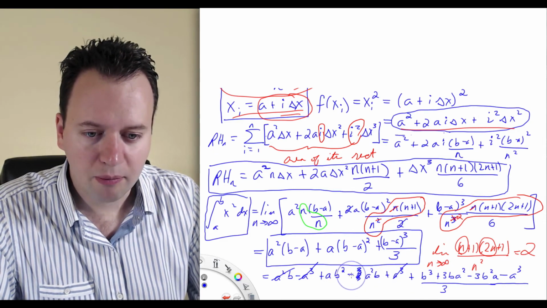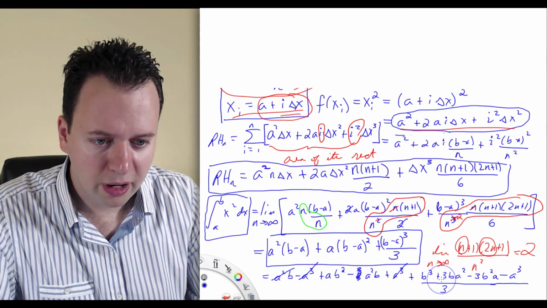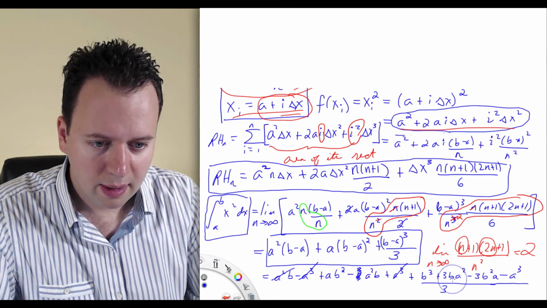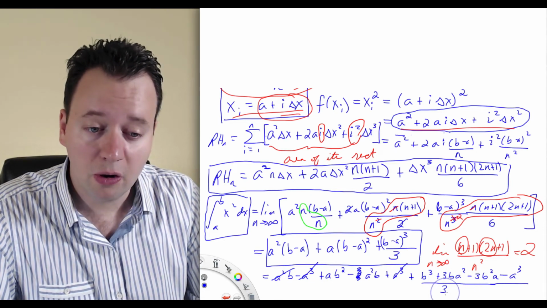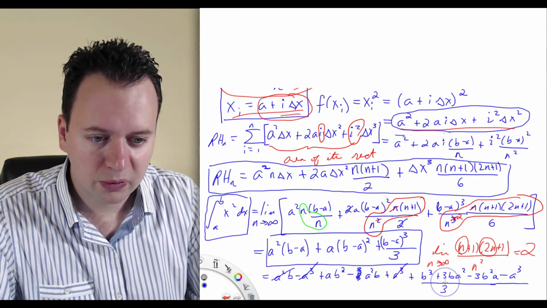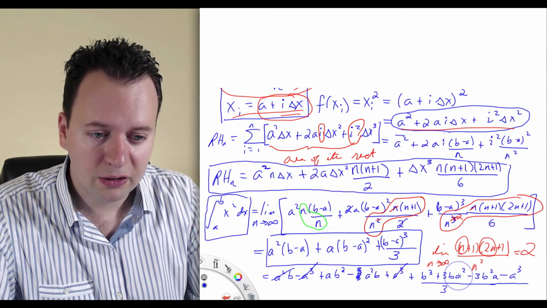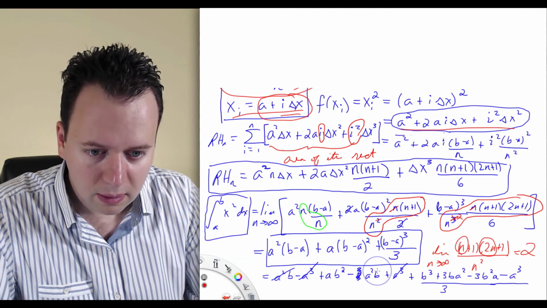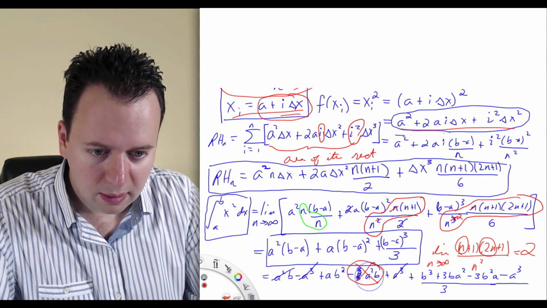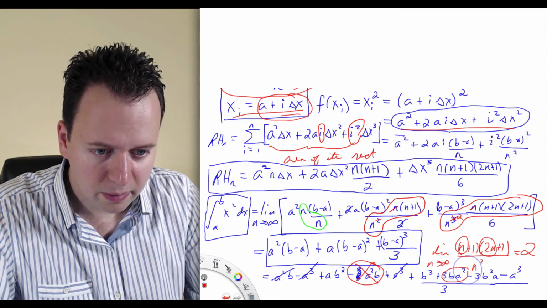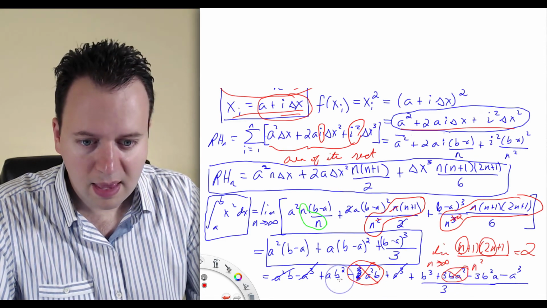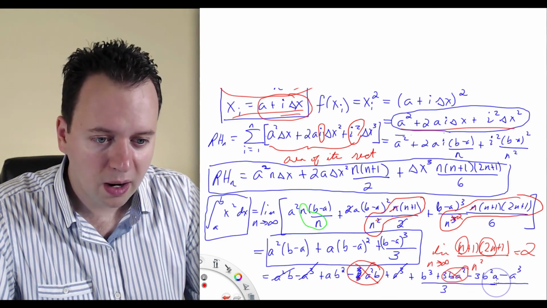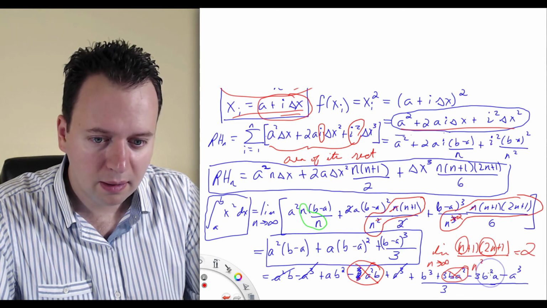Now notice we have minus a squared b, and then over here we have 3a squared b over 3. So this minus a squared b and this a squared b, 3 over 3, this one cancels with this one right here. And then similarly we have ab squared and we have minus 3b squared a.